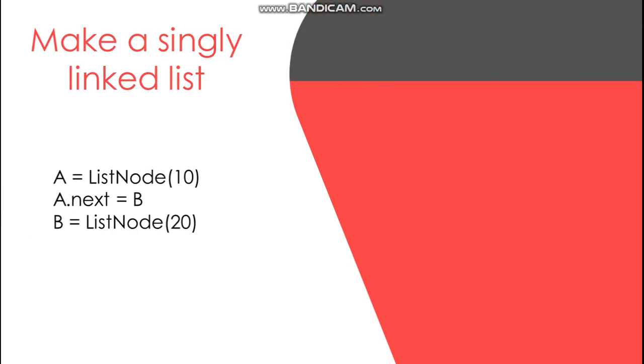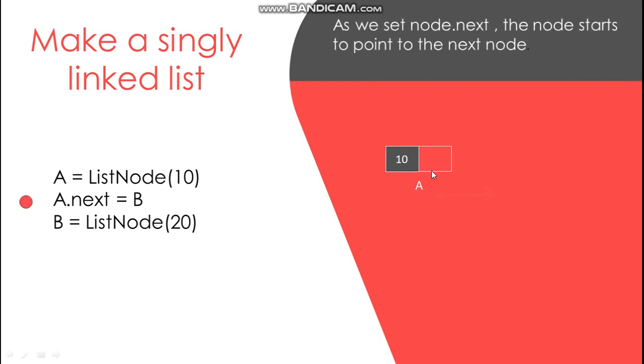How to make a singly linked list? First, we create an object A and we give 10 in its argument. 10 will be the data value of A, and by default it will point towards none. But we don't want A to be our last node.